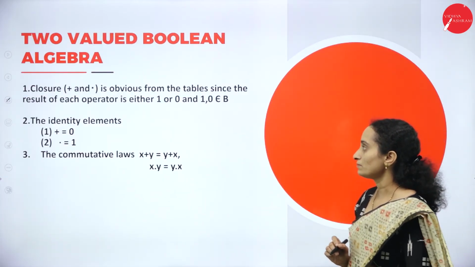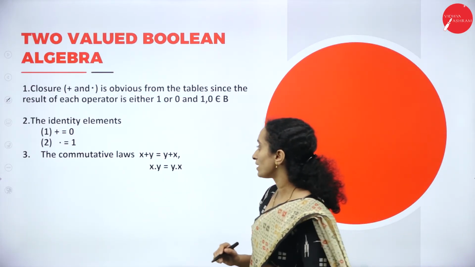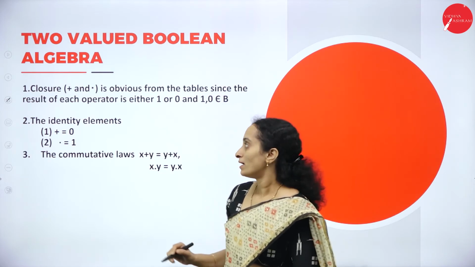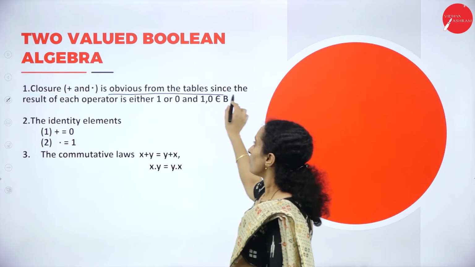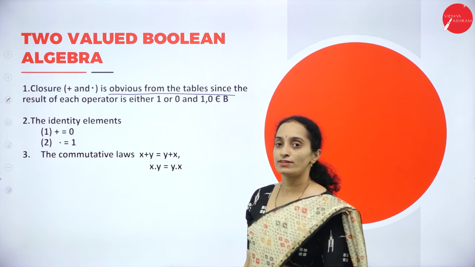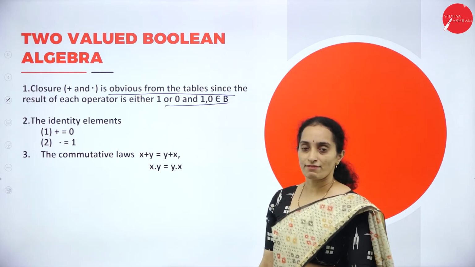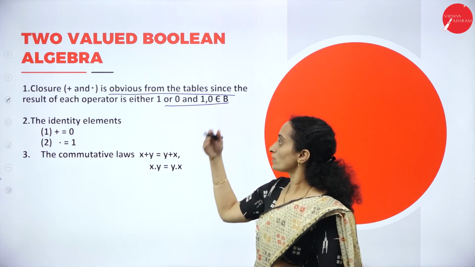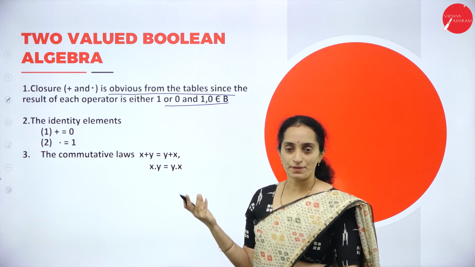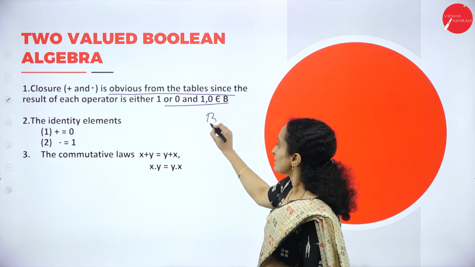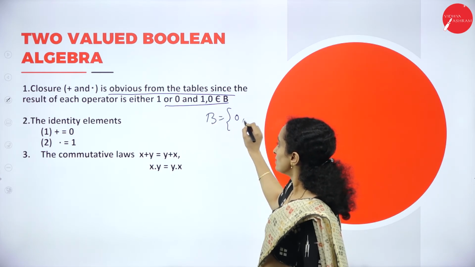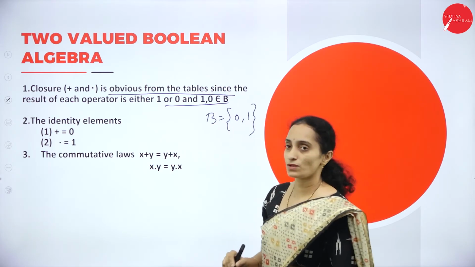Alright. Next comes the closure law. Closure law is obvious with the binary values. 1 and 0 belong to the set B. Here B is the set of two values, 0 and 1.